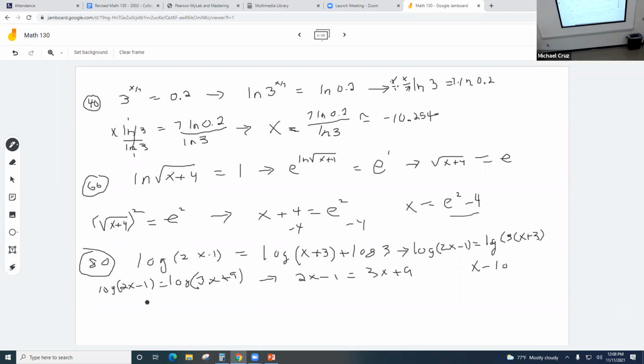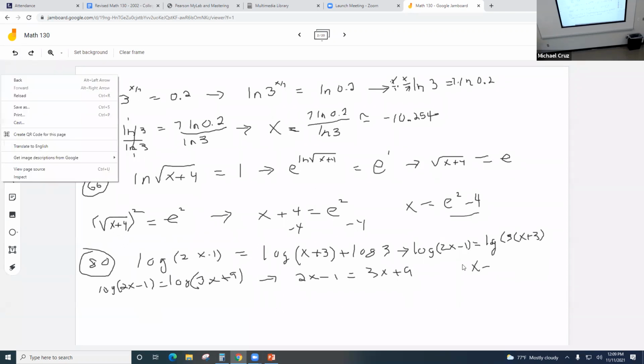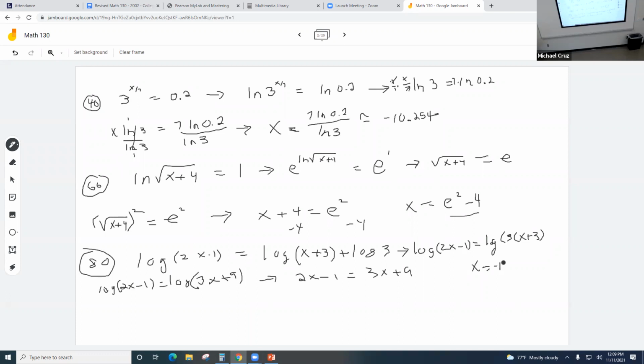All right, but in the check, when we put it over here in the log, you're going to have to just do it on one side to see. So what's going to happen is you got log of negative 21.